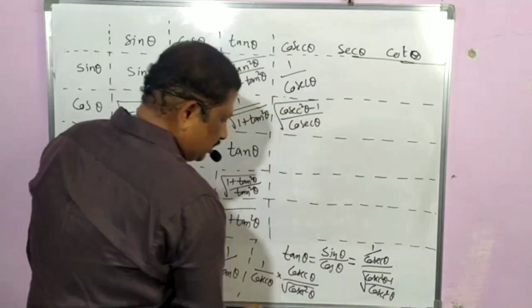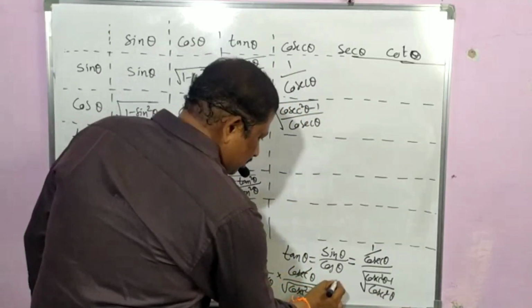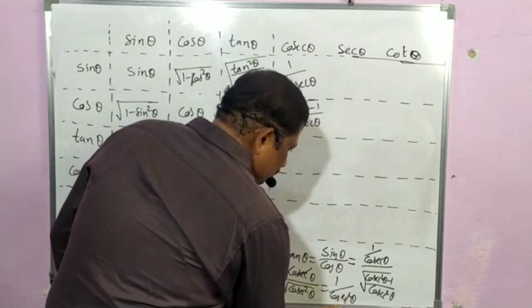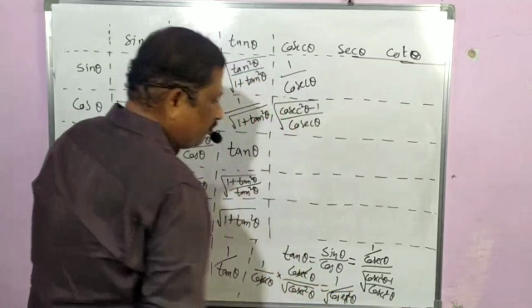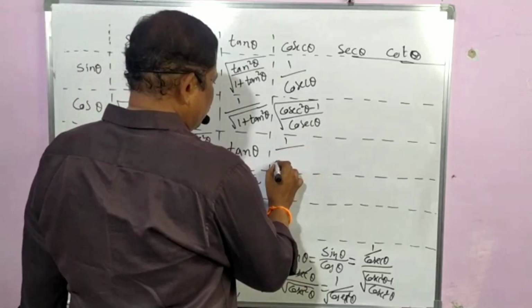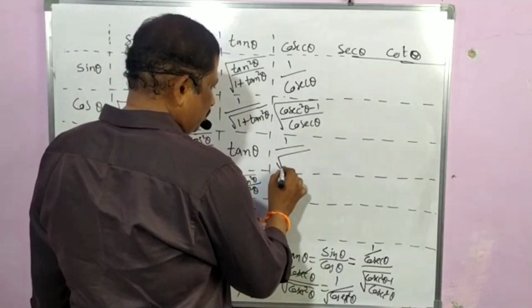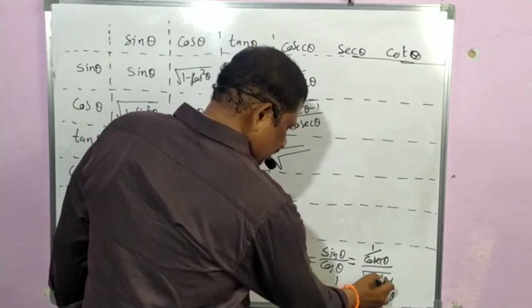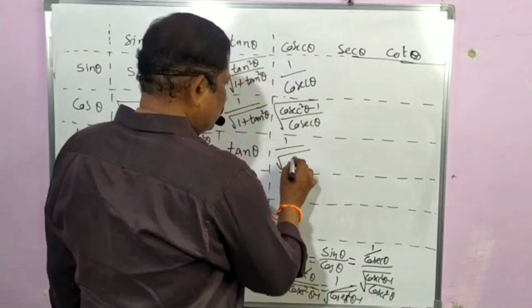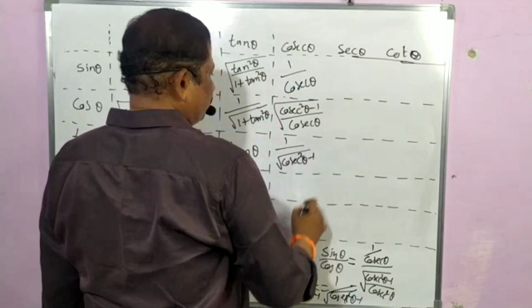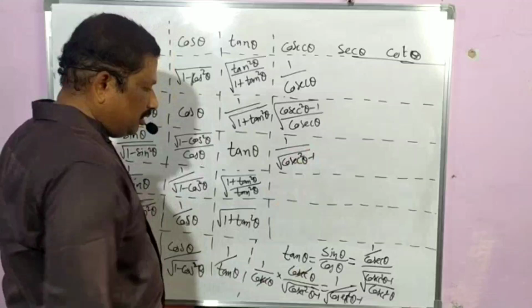This cosecant gets cancelled. So here tan in terms of cosecant is 1 by under root of cosecant square theta minus 1.